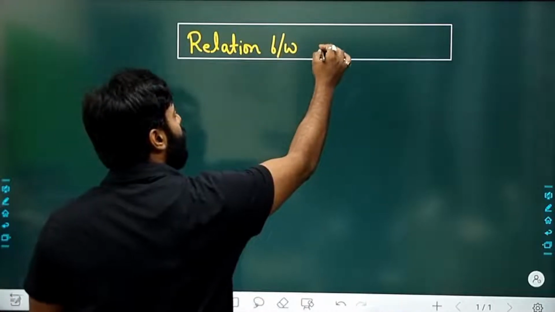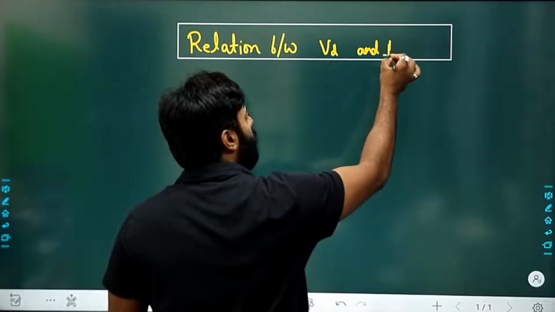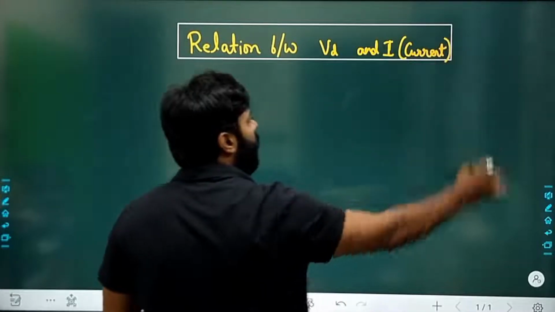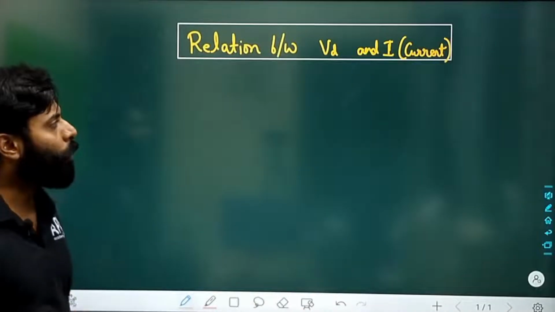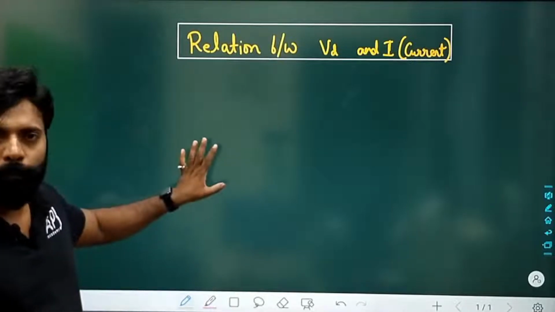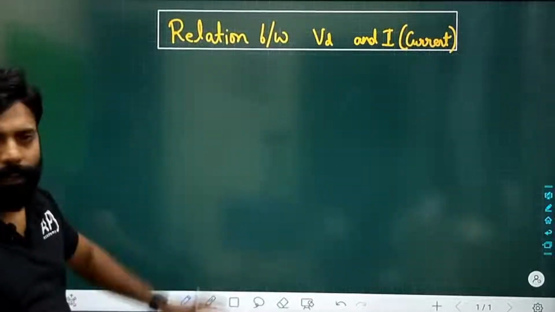So the relation between drift velocity and current is very important. As we are preparing for IIT JEE, we do not require any derivation for this, even though I want you to know where they are getting it from.